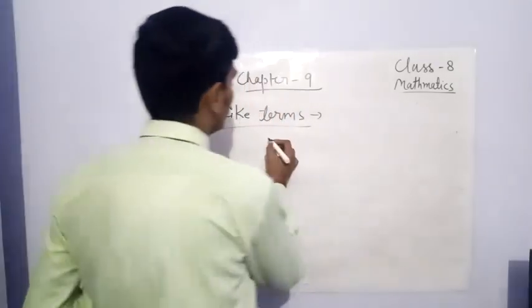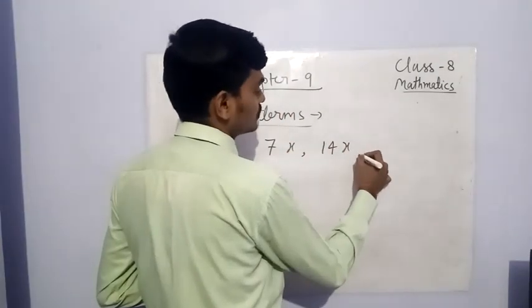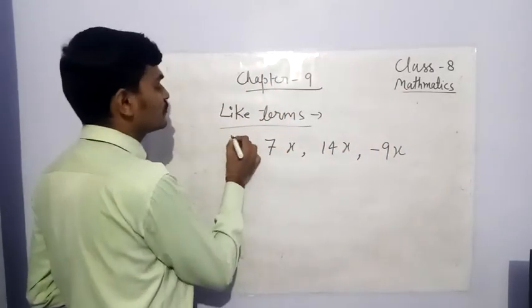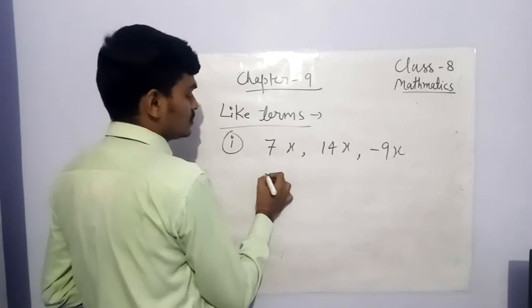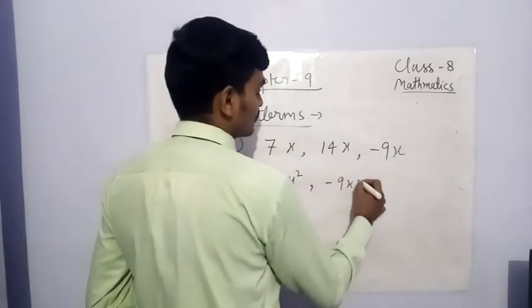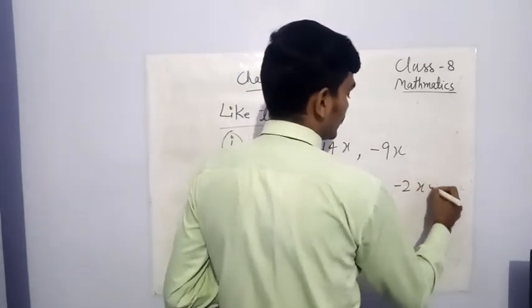For example, 7x, 14x, minus 9x. This is one example. Second one is 7xy square, minus 9xy square and 2xy square.